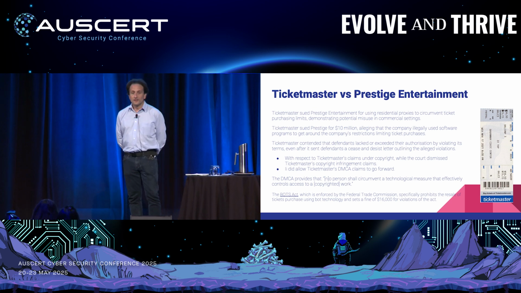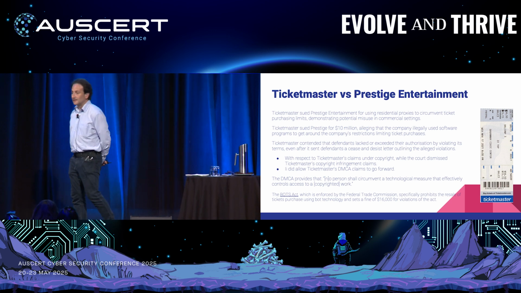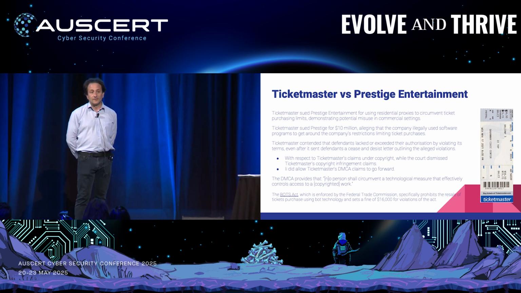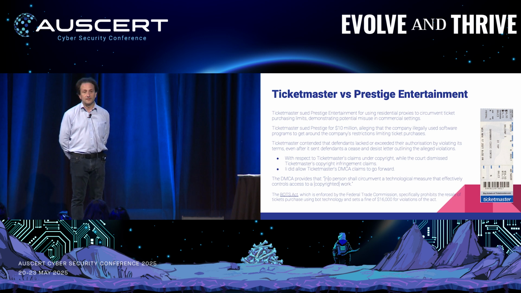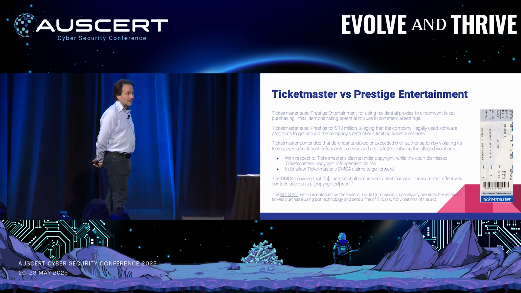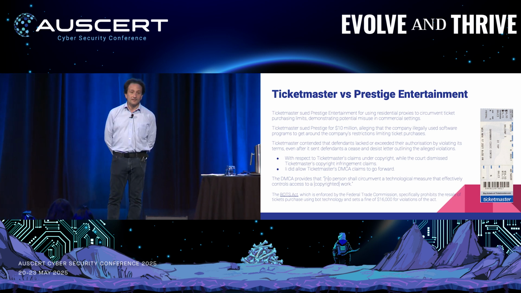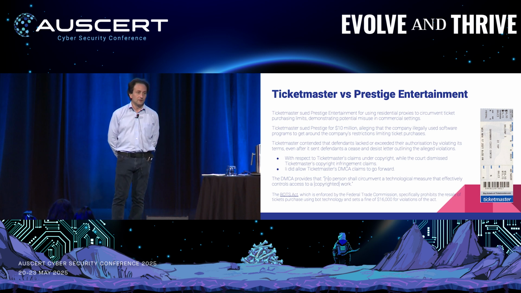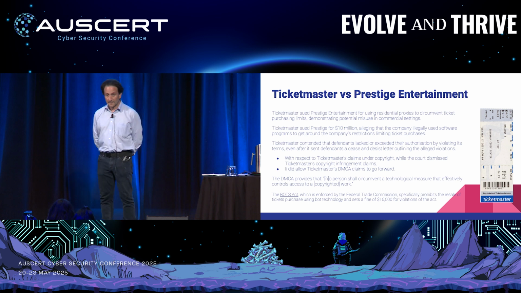A more high-profile case was Ticketmaster versus Prestige Entertainment. Ticketmaster sued Prestige for over $10 million, claiming they were circumventing their ticket purchasing limits using automation methods and residential proxies. Now, it's interesting that Ticketmaster had to resort to a legal method to stop this from happening. The first time they tried, they used copyright law, which proved ineffective.